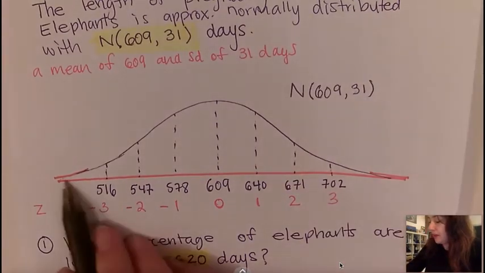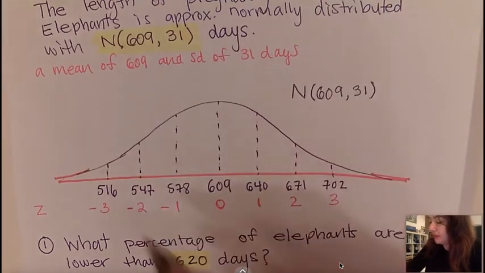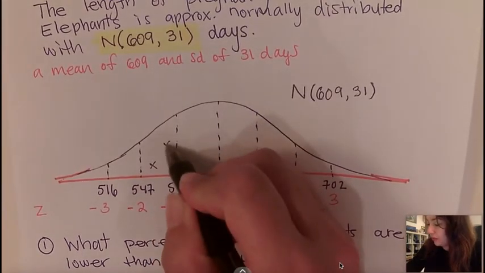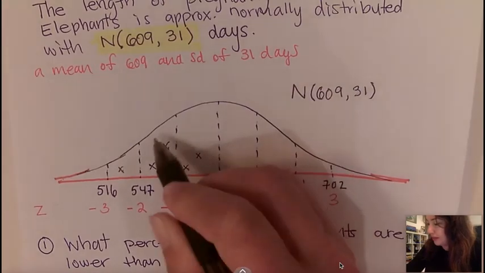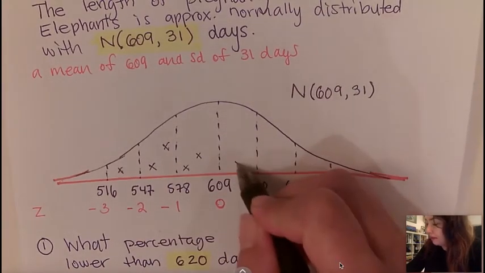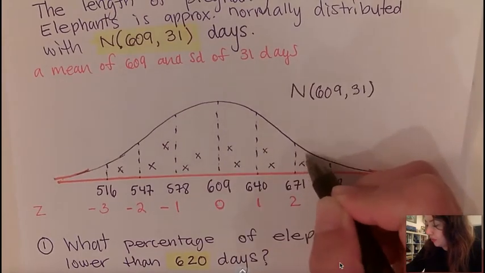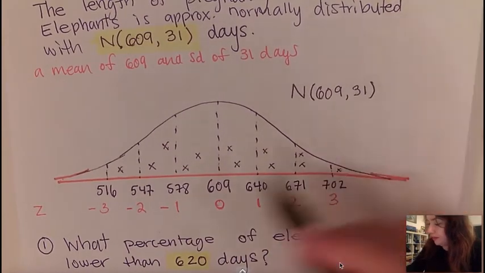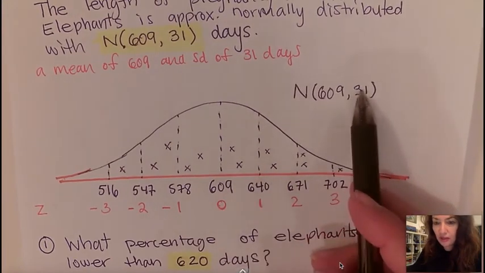So keep in mind, this is the population of Asian elephants. So all over this normal curve are different elephants and their length of pregnancy. So you have all of those recorded here. And then, of course, the mean of that is 609, and standard deviation is 31.